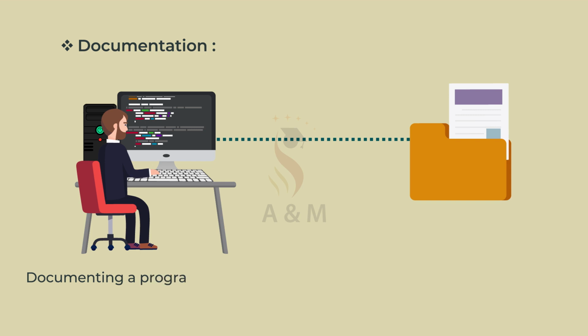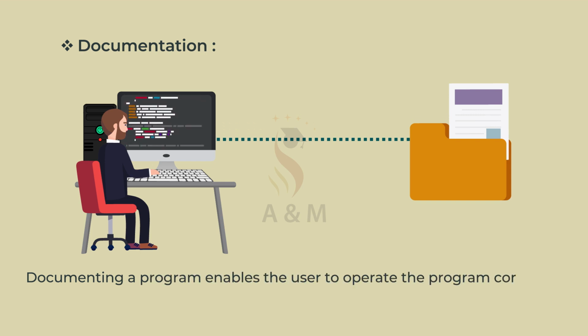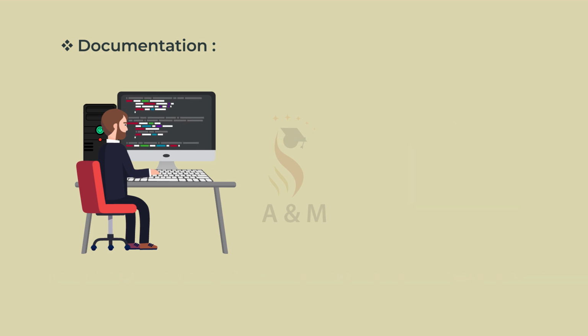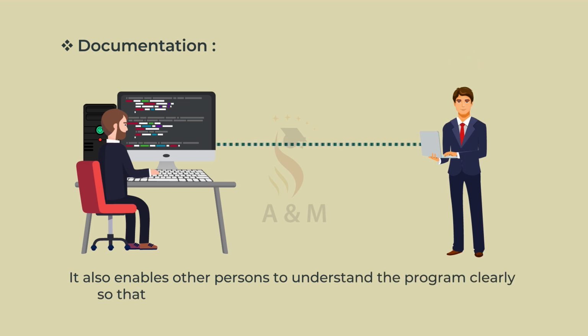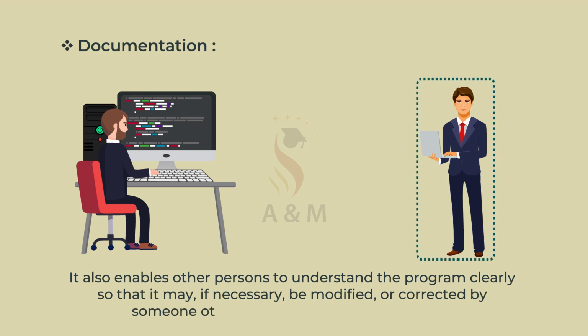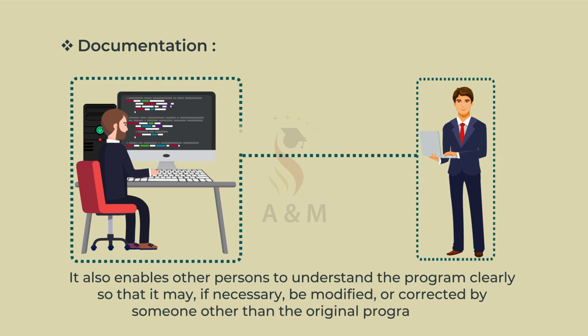Documenting a program enables the user to operate the program correctly. It also enables other persons to understand the program clearly so that it may, if necessary, be modified or corrected by someone other than the original programmer.